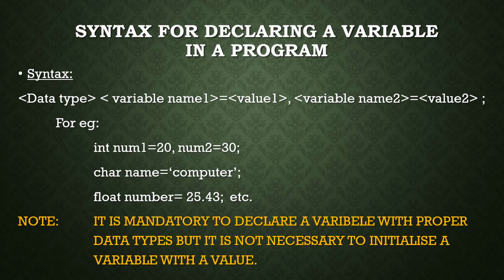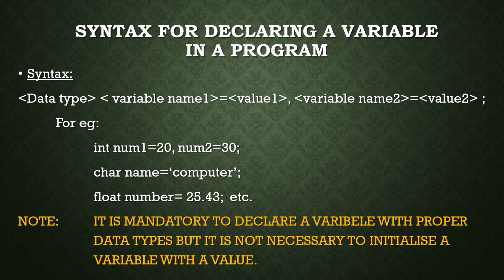Here I have separated num1 and num2 with a comma since both are of the same data type. If you have different data types, then you have to use separate statements, separate lines.